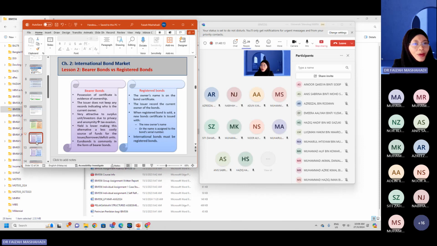Euro bond or foreign bond? The example of Proton just now. When we're talking about foreign bond or euro bond, Proton must comply with all the regulations issued by the Singapore Securities Commission. Foreign bond or euro bond?